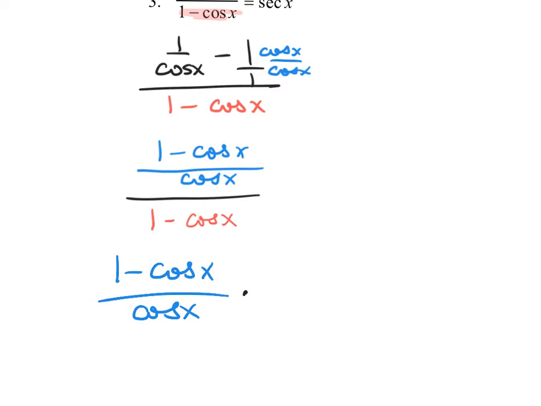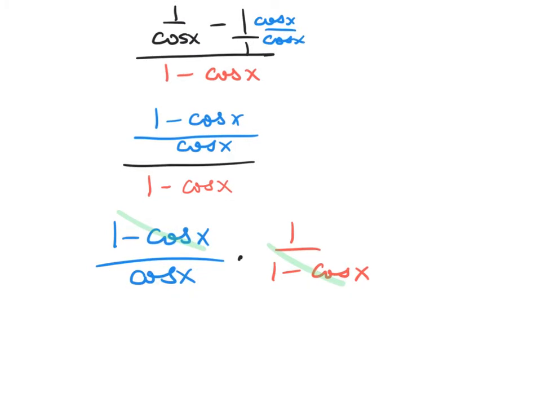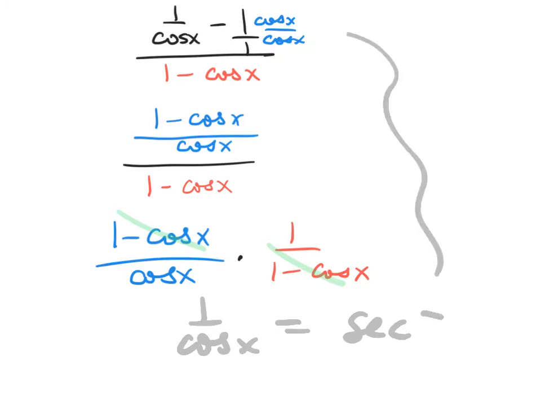So I'm dividing by 1 over 1 minus cosine x. Those will cancel. I'm left with 1 over cosine x, which equals secant, which is what I was trying to make it equal. Secant x equals secant x. It verifies. Let's take a look at number 4.